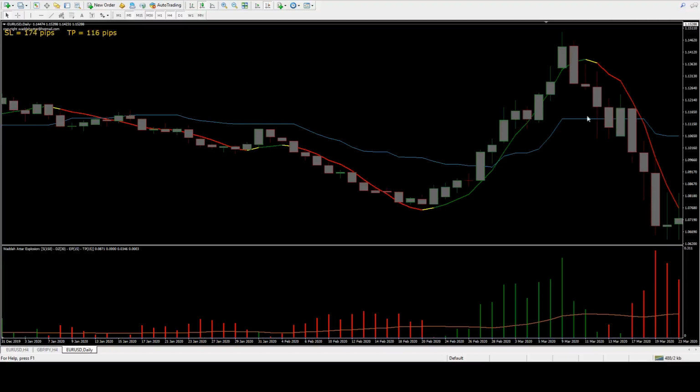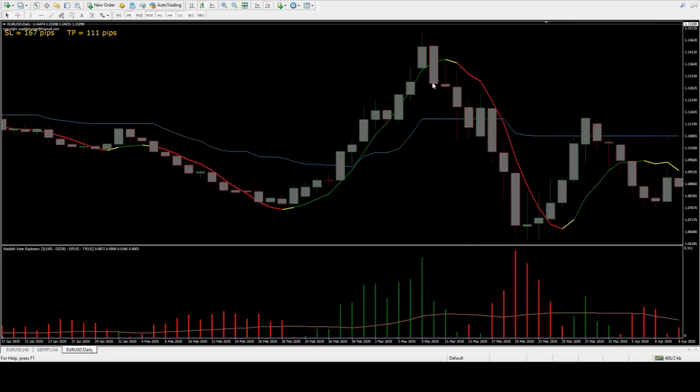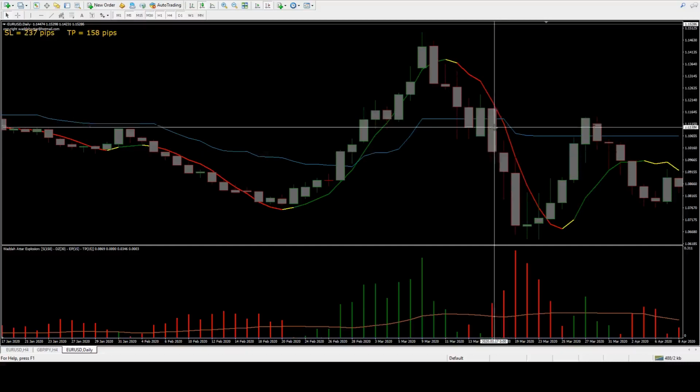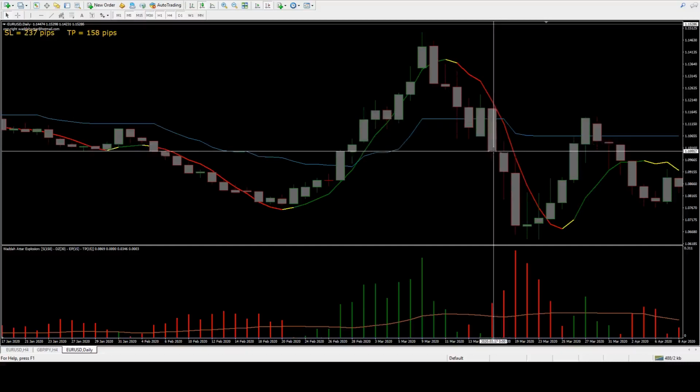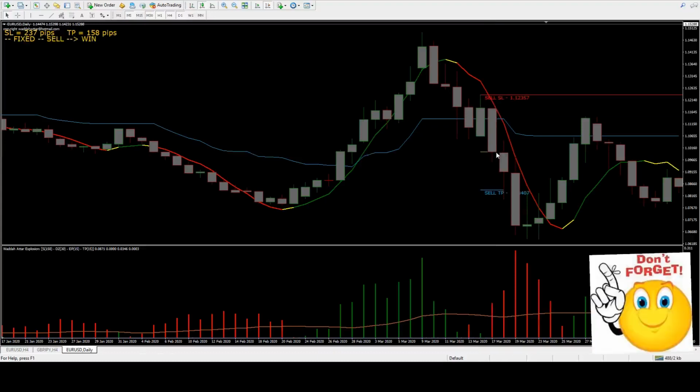And see, the price is still above the Kijun-sen, so you just wait until the price is below your baseline, whatever baseline you are using, and only then would you go and, for example, like here, sell this here, and another win.